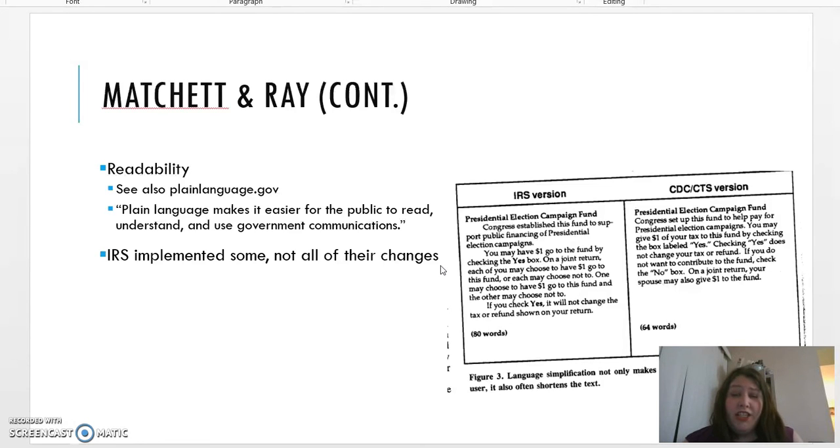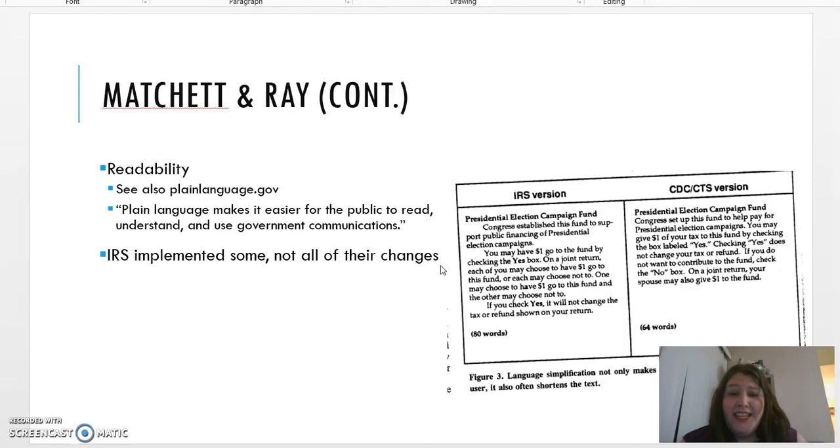Now, I wanted to pause here and point out another resource that is great for you guys, and that's plainlanguage.gov. And this actually goes back to 1990, so it's actually coming after Matchett and Ray, very shortly after, and it's something that's still in effect today. And it's an effort to make government communications in clear, plain language for users. So I pulled this quote from their website.